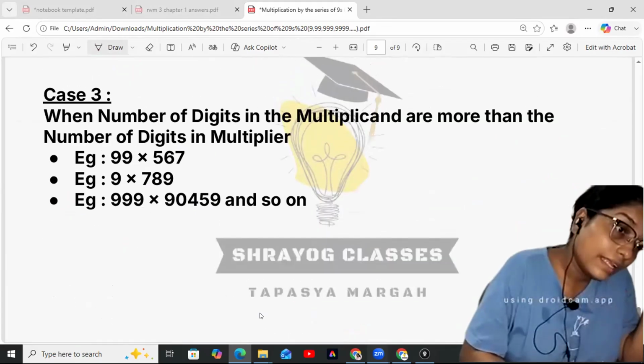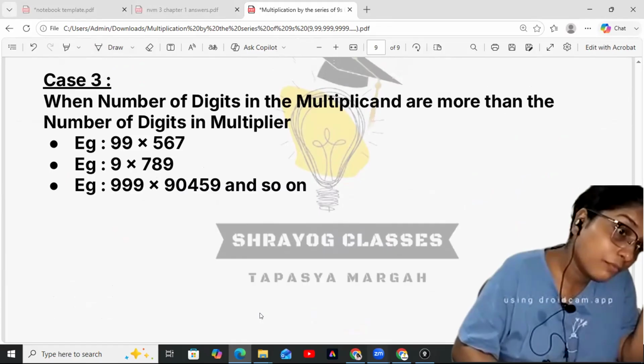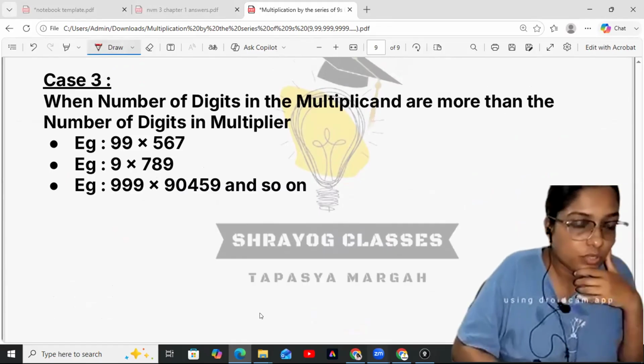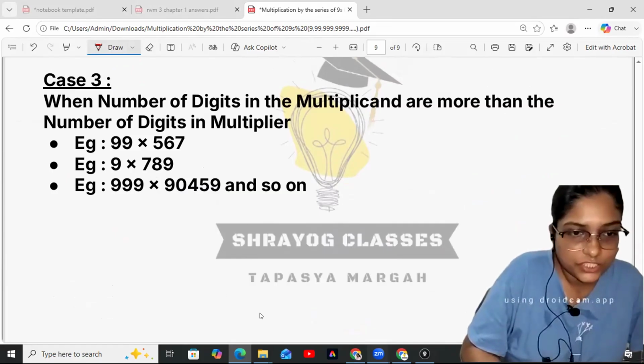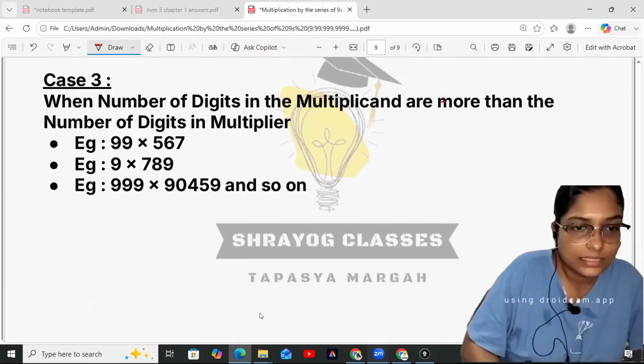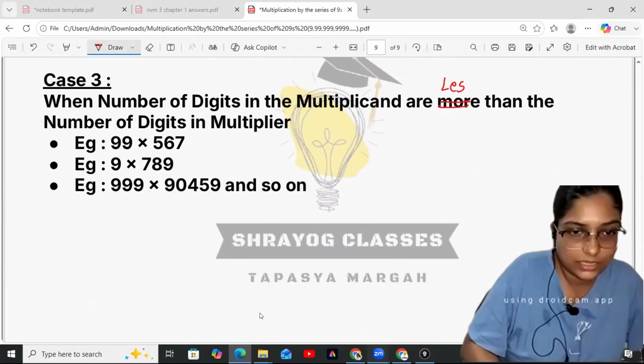Now in example 3, which is very important, the first thing to note is that the number of digits in the multiplicand is less. Just typing mistakes.